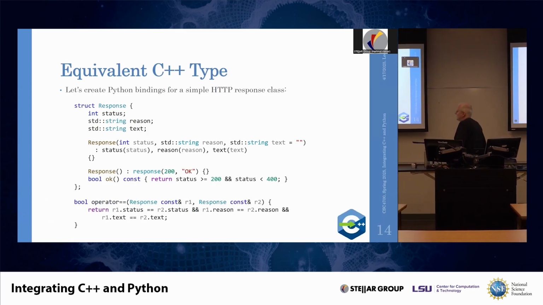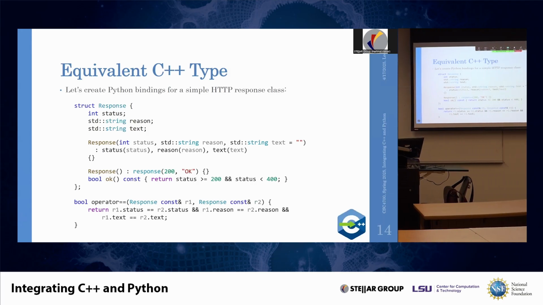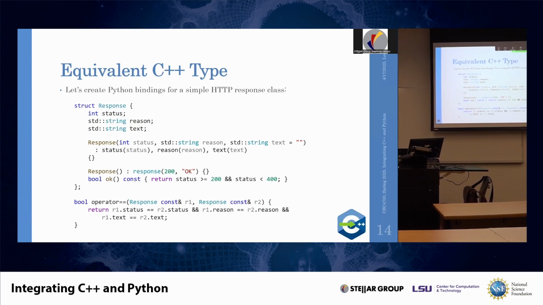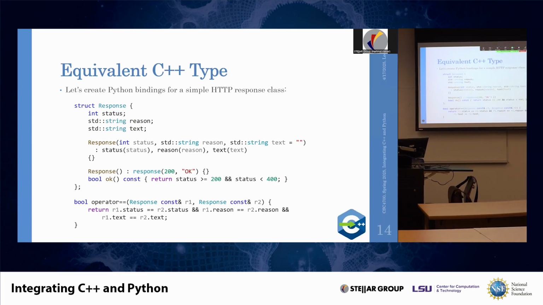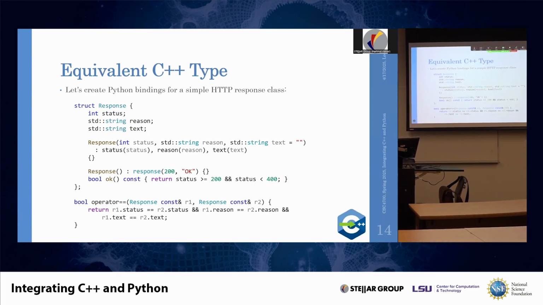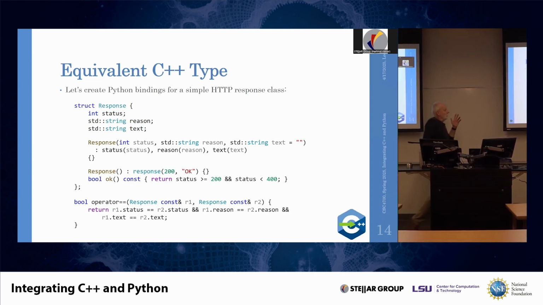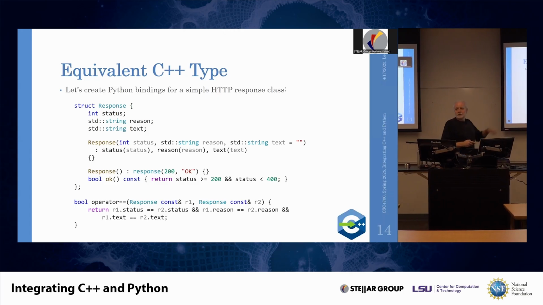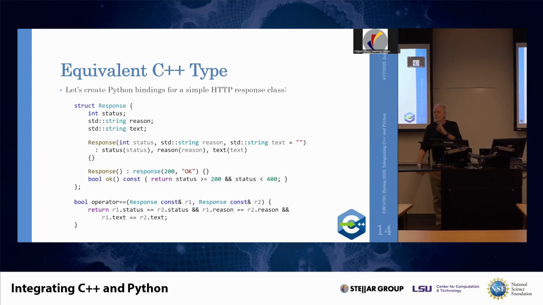Also, comparing 2 instances of Response, we have seen that many times. All you have to do is define an operator==, which will be used by the C++ compiler whenever I compare 2 instances of that Response type. Functionally, it is 100% equivalent to what I had before on the Python side.